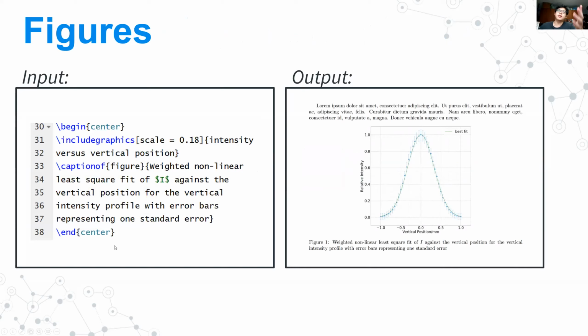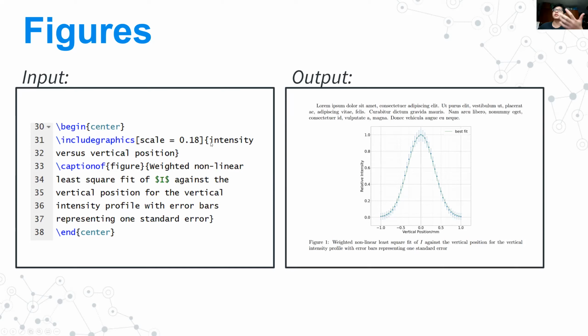So we have the begin and end center environment. Next we include graphics, so we have the command include graphics. Then we can specify the scale of the graphics. For example, for this one the original size was quite large, so I need to shrink it down. I put scale 0.18, followed by the picture name.